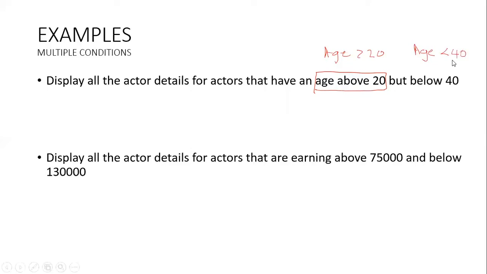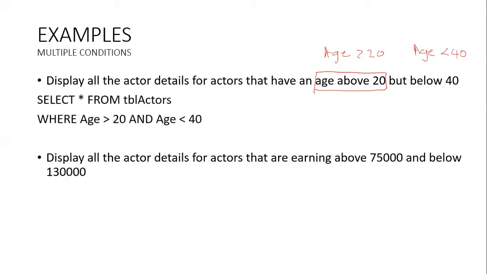So those are our 2 conditions that we want to use. It needs to be greater than 20, and it needs to be less than 40. So we need to join those 2 conditions: select star from TBL actors, where age is greater than 20, condition 1. There's my connector, and age is less than 40.